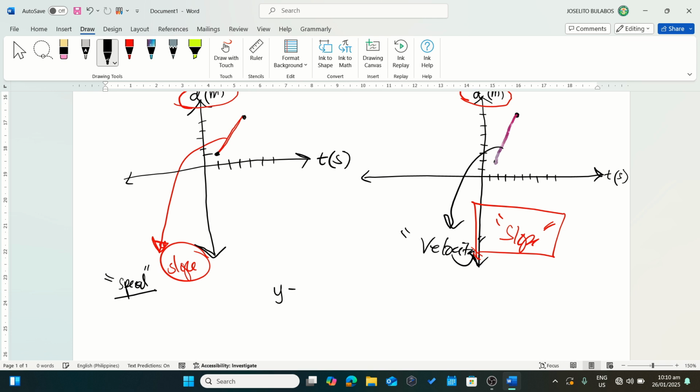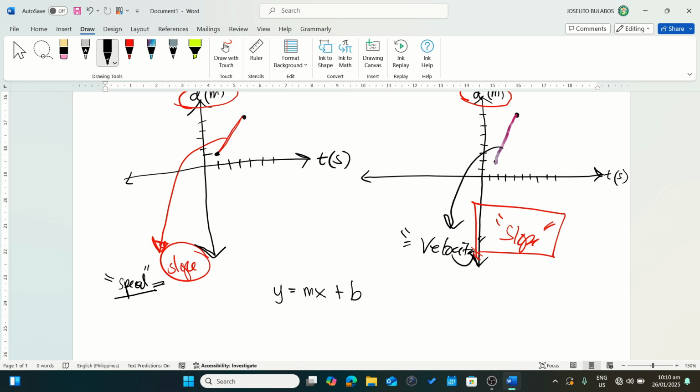So we have y equals mx plus b, where our y here is the d or d bar, while our x here will be the time, that's the horizontal one. And our m here could be our speed or our velocity, because that is the slope. So we would say, find the slope.